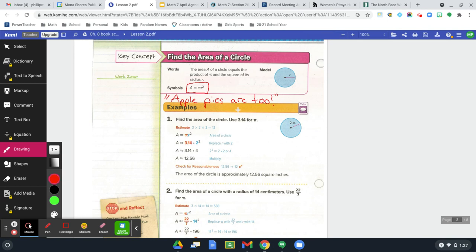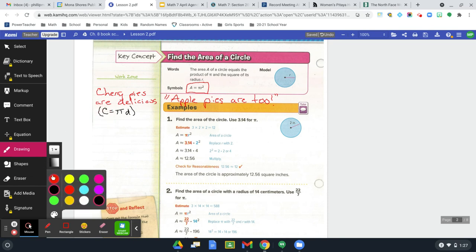Okay? So if you think about it, off to the side here, remember I talked about circumference, right? Cherry pies are delicious. That was because of this formula for circumference. And then if I finish this, comma, apple pies are 2.